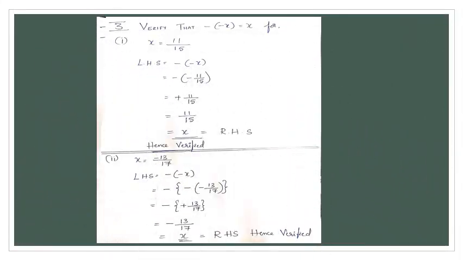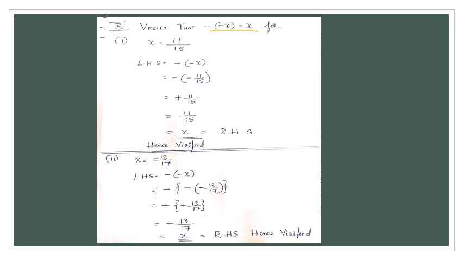Children, the third main is: verify that minus of minus x is equal to x. They have given the x values. We want to verify the statement minus of minus x equals x.